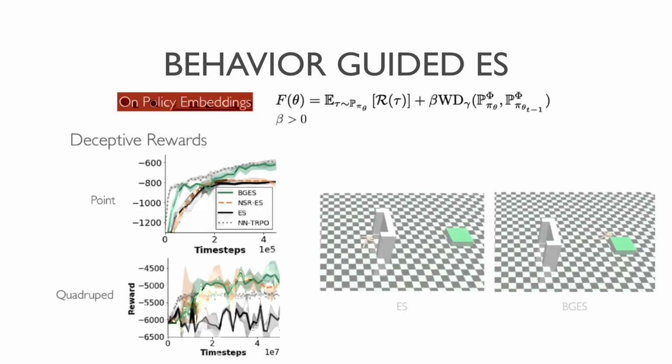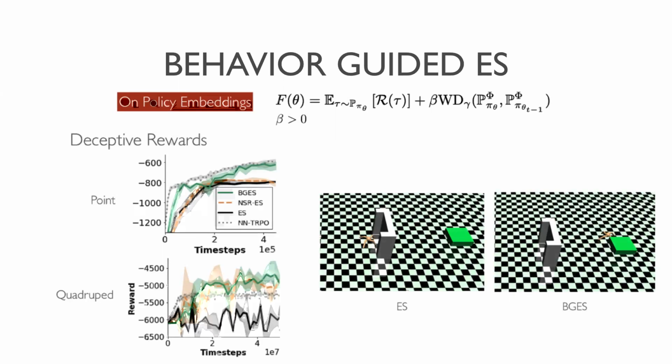The example we have here is this ant trying to solve the following task: you have to go around the wall to find the blue goal. But there's a deceptive reward situation, where the ant can go into the wall and stay there, and that's a local optimum.